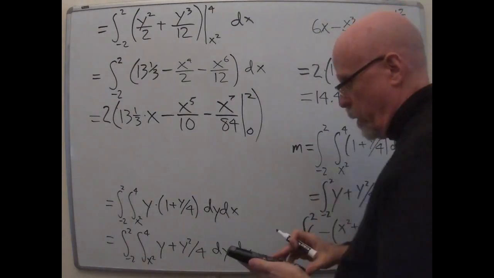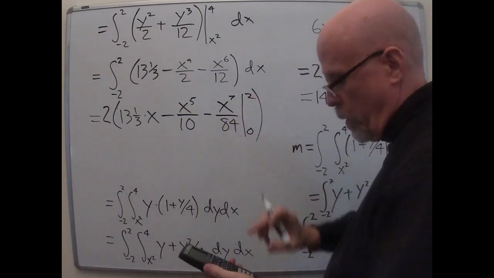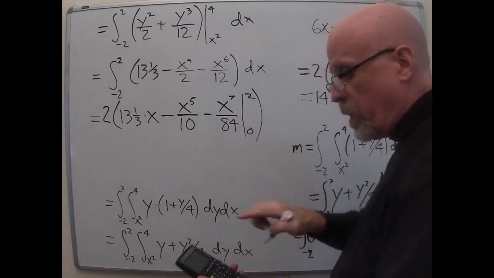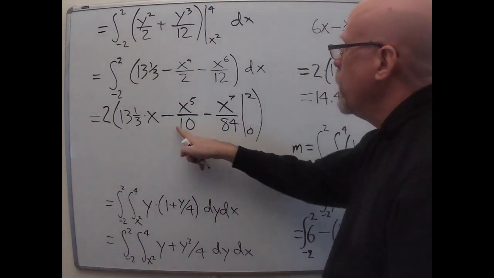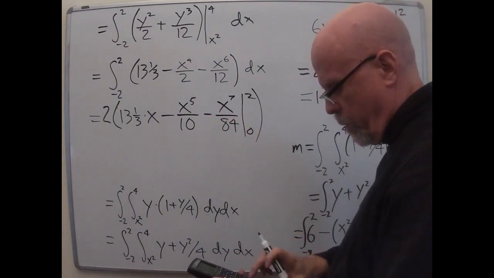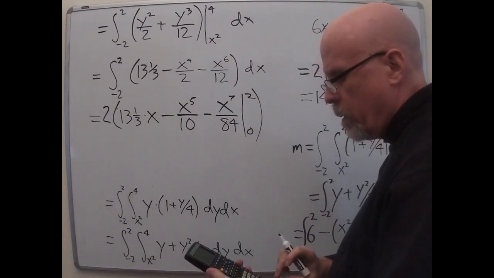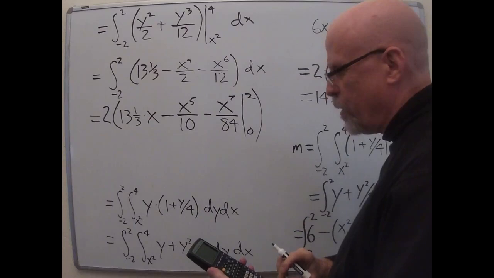Definitely think we want to just use a calculator on this one. So I've got 13 1/3 times 2. I had 13 1/3 in the calculator already. And then we subtract 2 to the 5th over 10. .46 repeating.